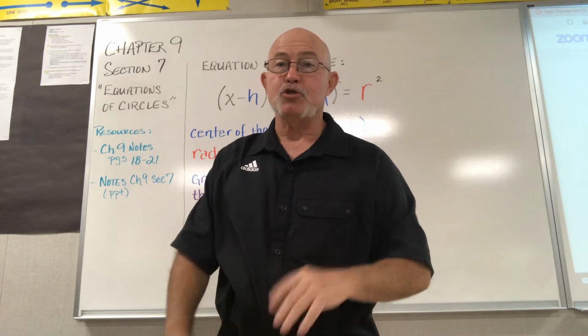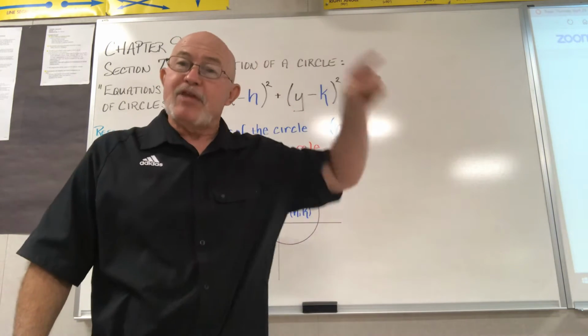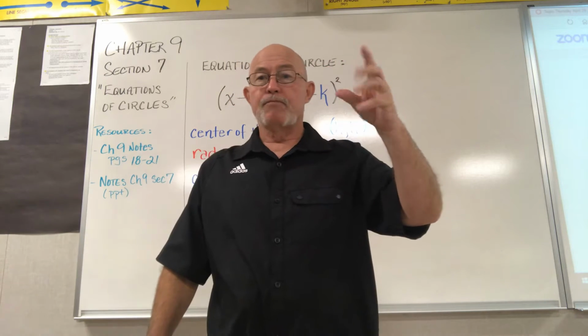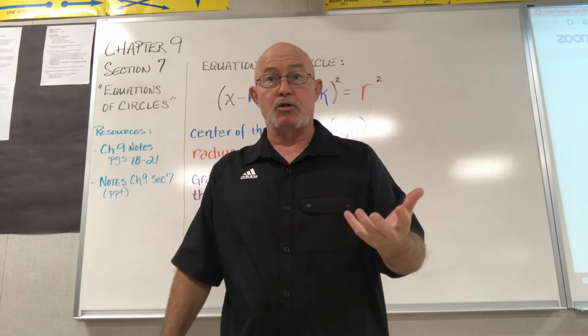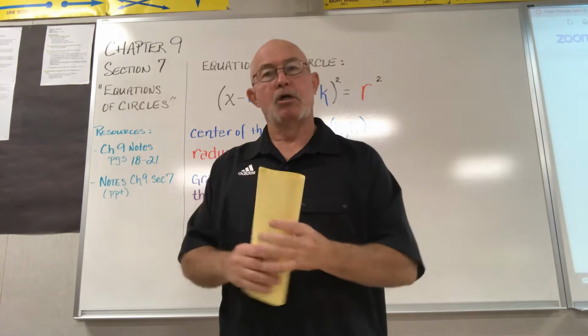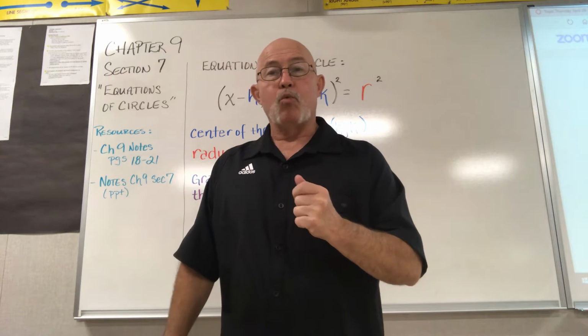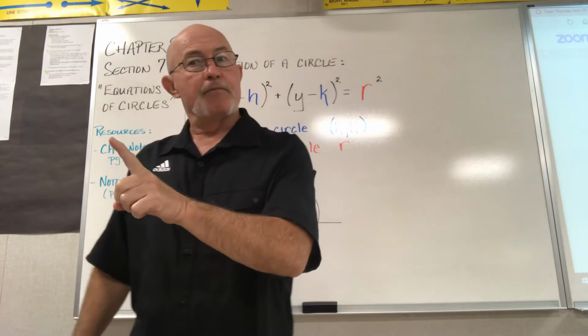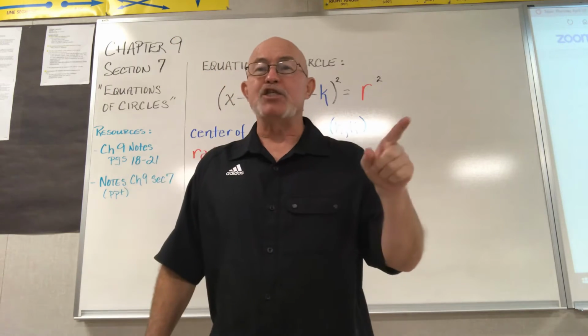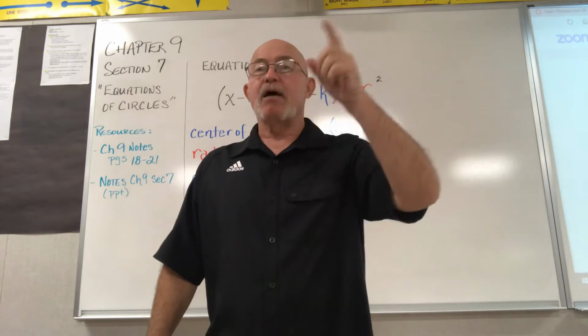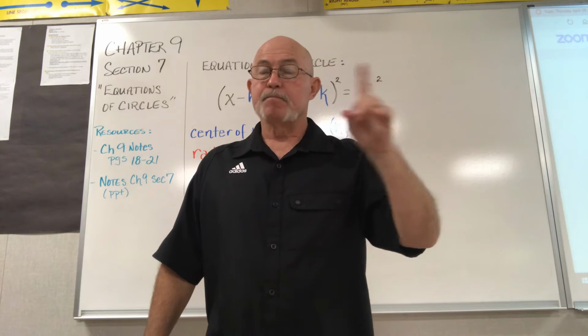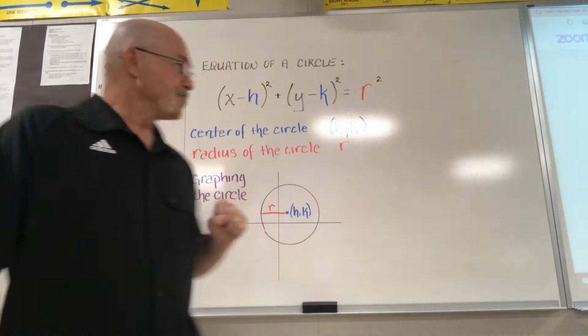The same is true with the equation of a circle. The actual circle, the set of points, is the answer as it is. But just like we did with lines, we're going to find an equation that will represent that set of points. And here's how we deal with it.